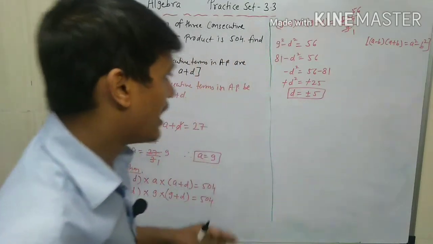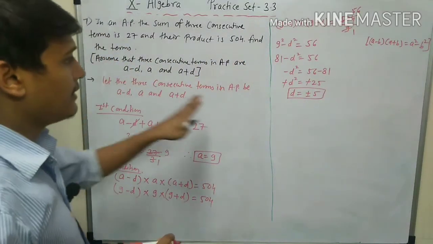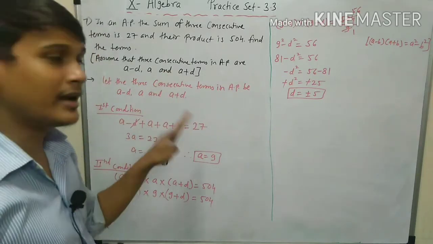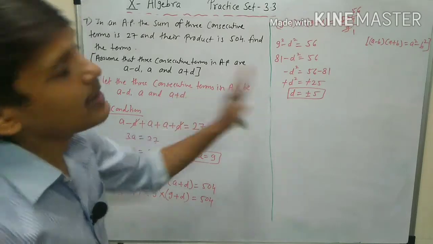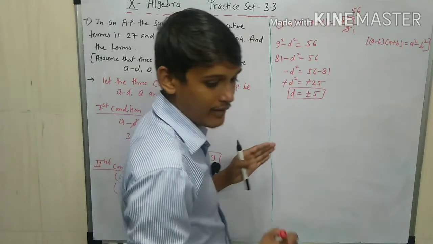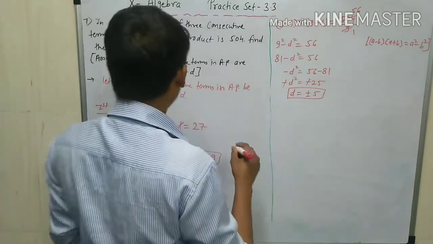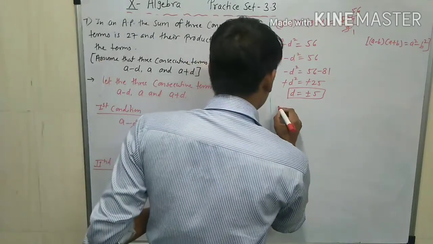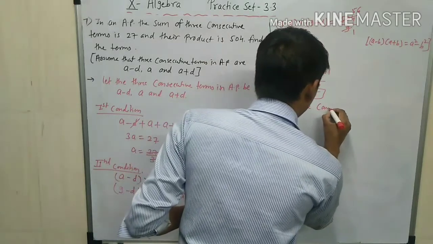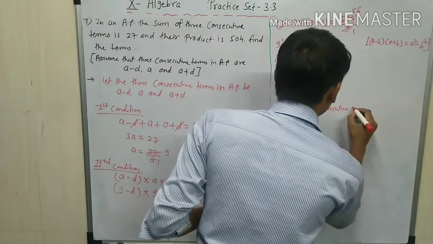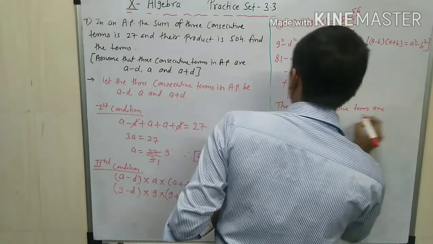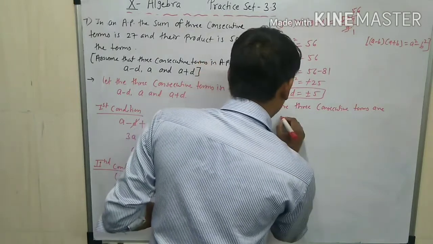Got it? Now first we put a value is 9 and d value is plus 5, and second we put a value is 9 and d value is minus 5. Understood? Now the three consecutive terms are, first, a minus d.